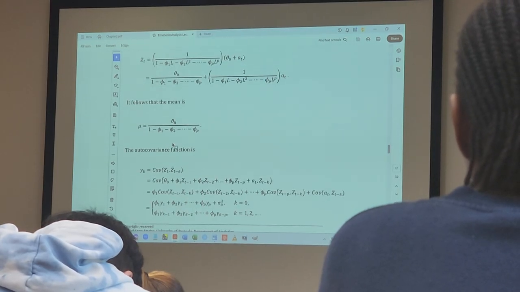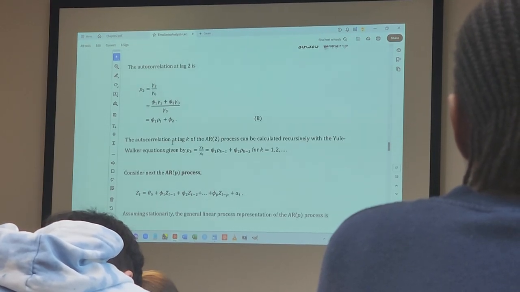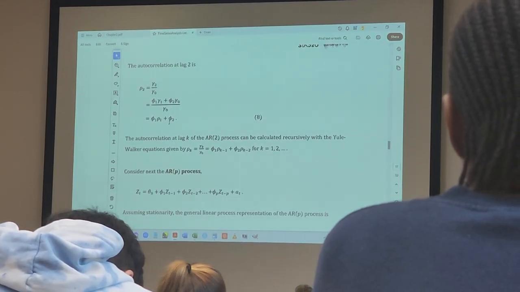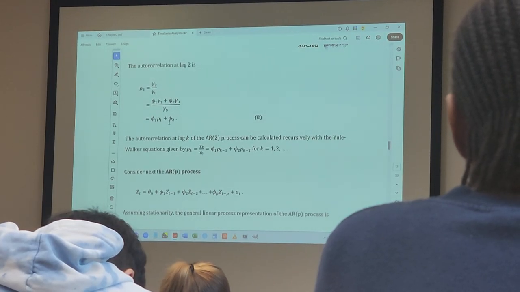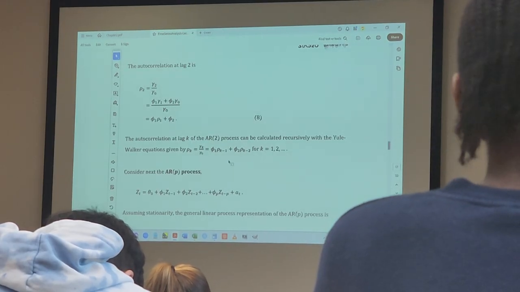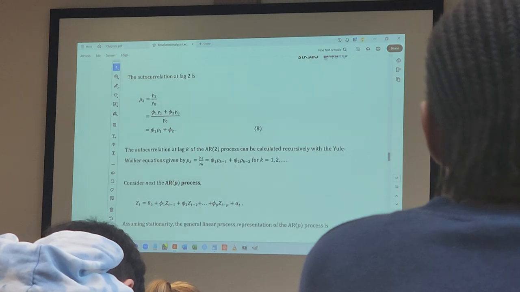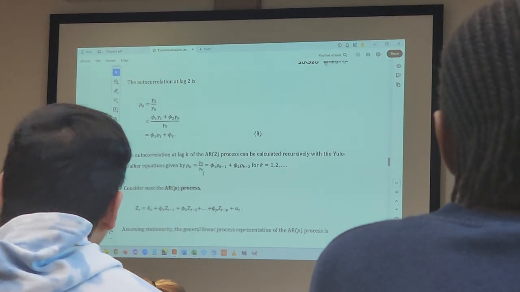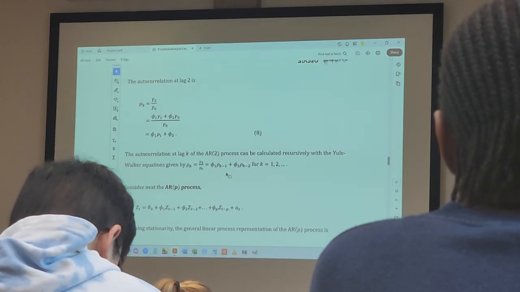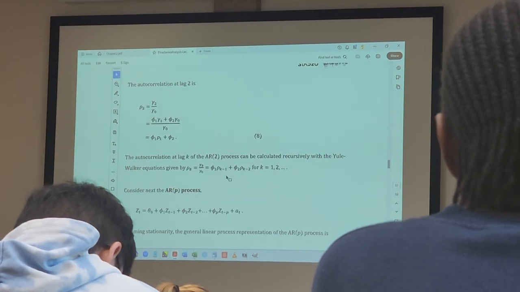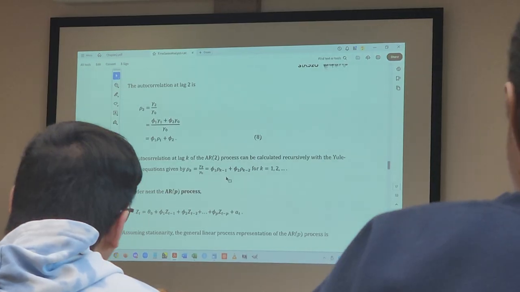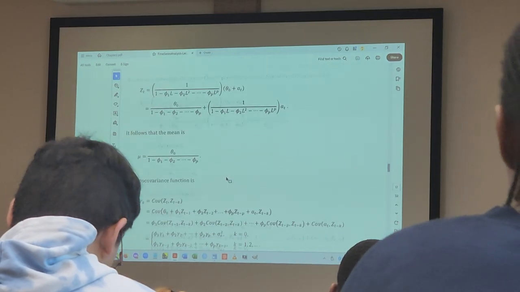And if you go to higher order lags, then you need to start calculating them recursively. So rho 2 is phi 1 rho 1 plus phi 2. And from there onwards, you need to calculate these autocorrelations recursively. So the expressions become far more complicated when you get towards high order models.